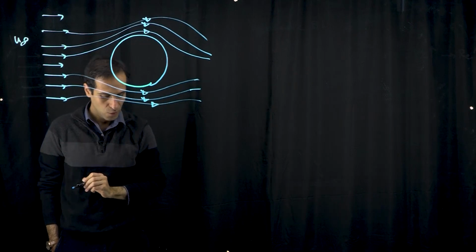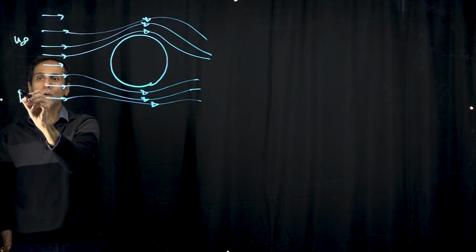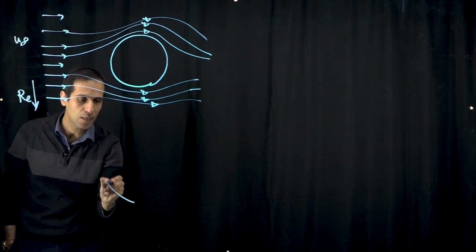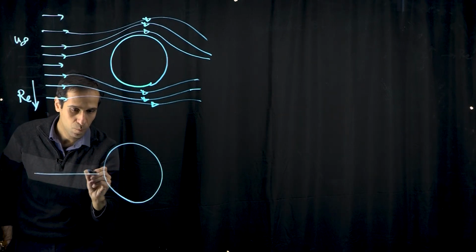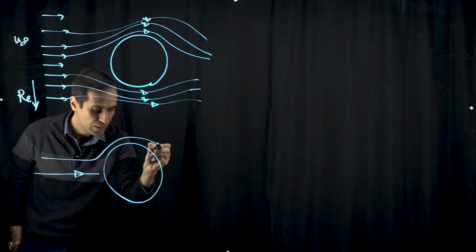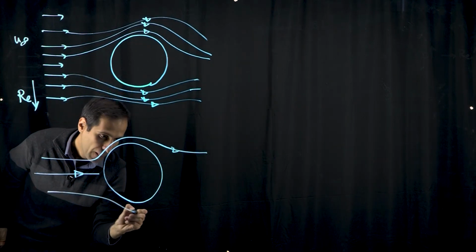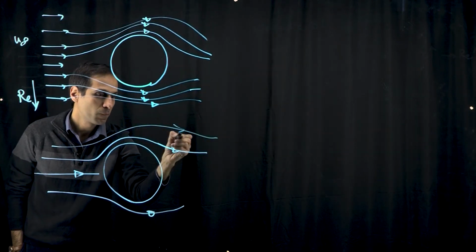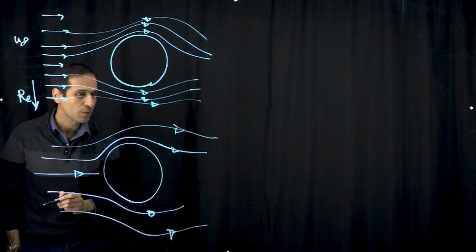But if I increase Reynolds number, in this case, what happens is, when the flow is getting close to the cylinder, suddenly it separates and detaches from the surface.